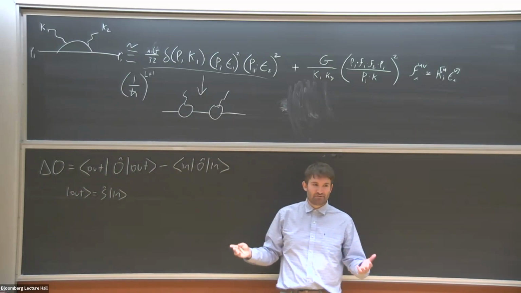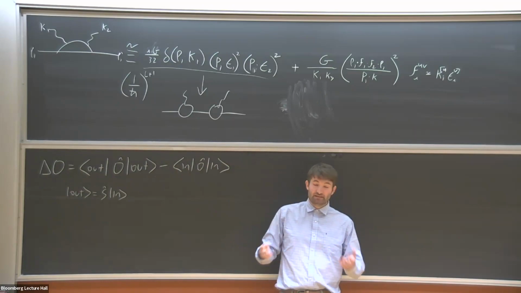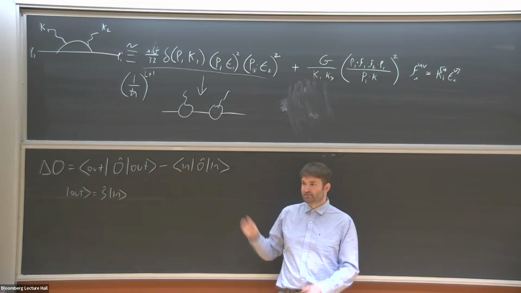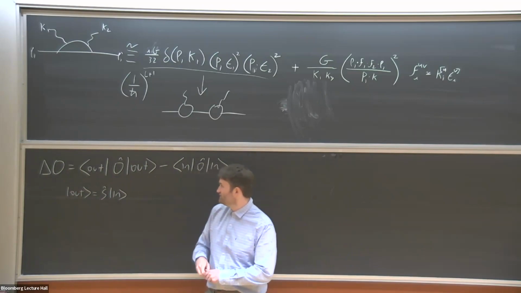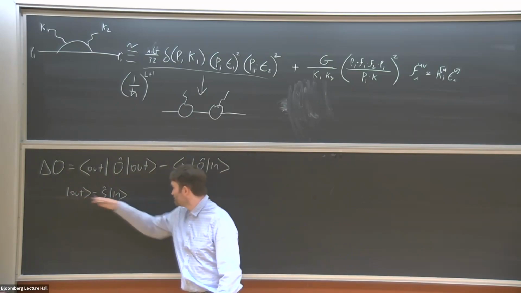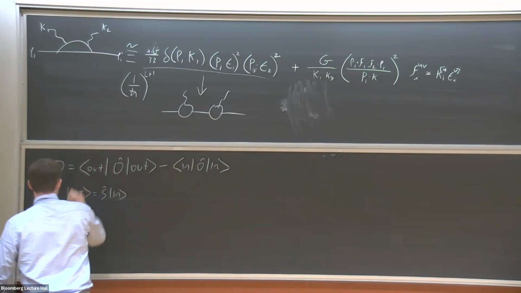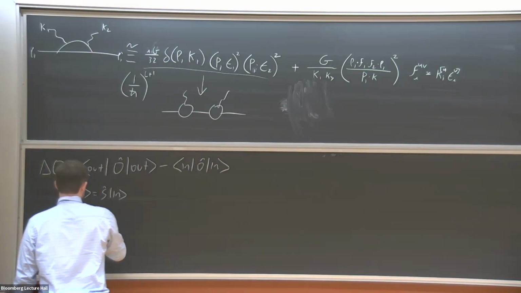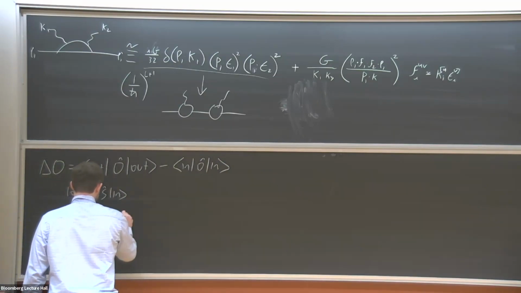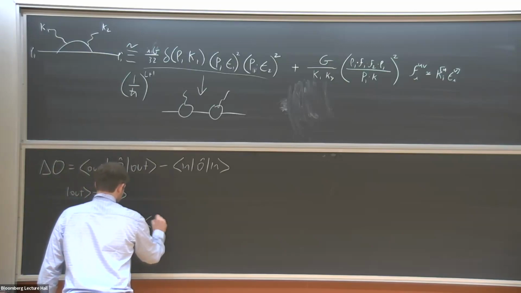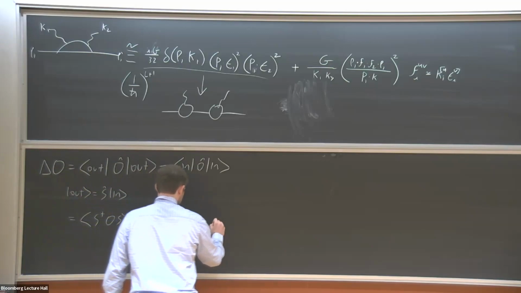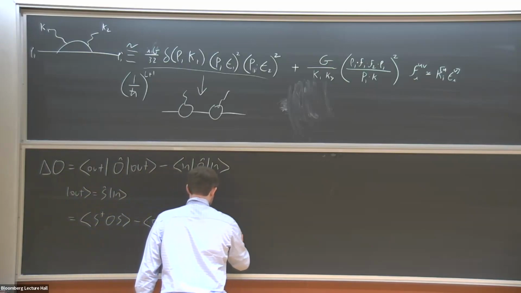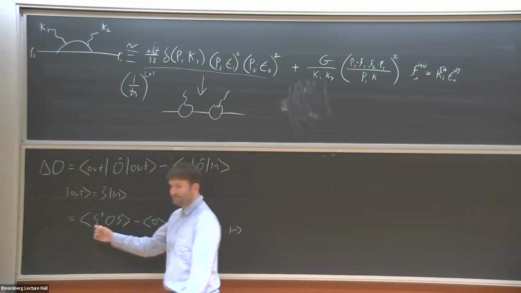Note, this is not a scattering amplitude. You can relate it to scattering amplitudes as I'm going to do, but this is intrinsically not a scattering amplitude because S is appearing twice. If I substitute in this formula here, you can see that S is appearing twice.